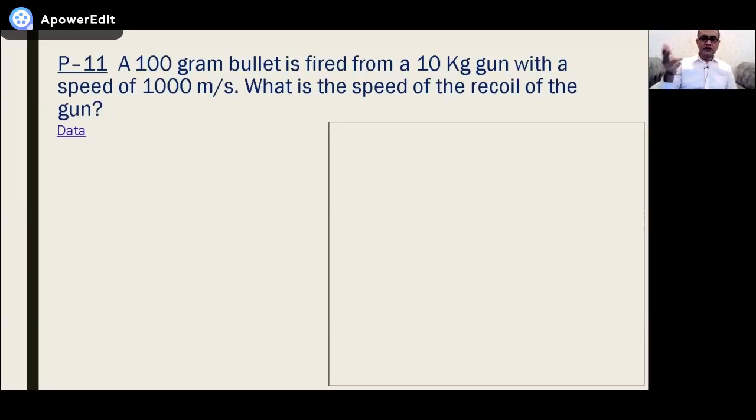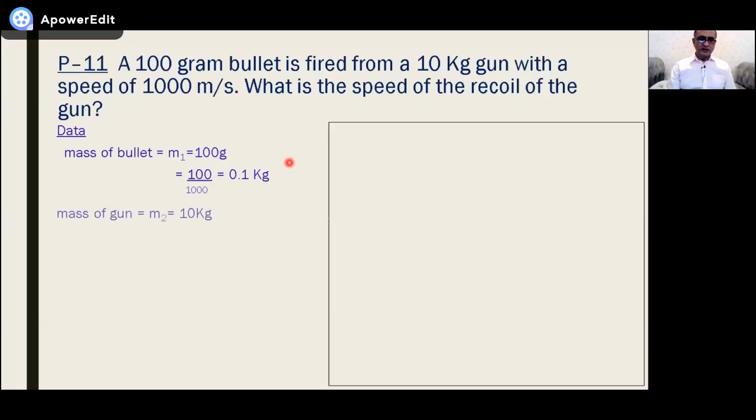When you fire a bullet, the bullet will go in the forward direction and the gun will go in the backward direction. This is called the recoil of the gun, right? So what is the data over here? Mass of the bullet, 100 gram. The mass of the gun is 10 kilogram.